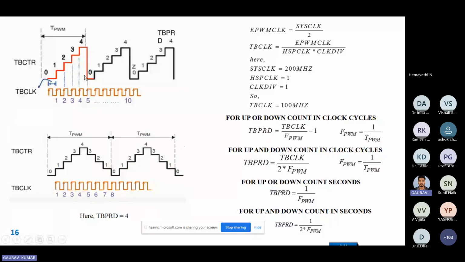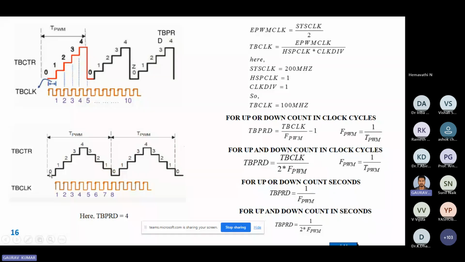In case of an up counter, we have the increasing sawtooth wave. In case of a down counter, we have the decreasing sawtooth wave. In case of an up and down counter, we have the triangular shape of the carrier wave.